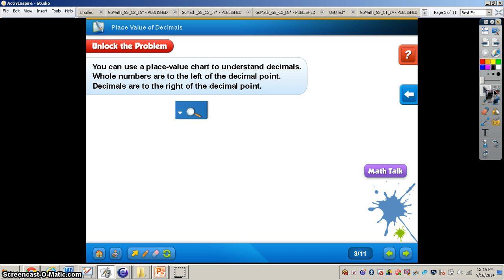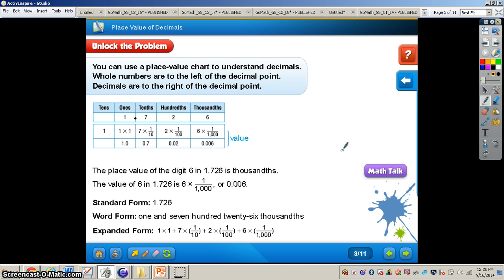Whole numbers are to the left of the decimal point. Decimals are to the right of the decimal point. The thousandths place is to the right of the hundredths place. Now you can see here we have our 1, which is our whole number in the ones place. The 7 represents 7/10.